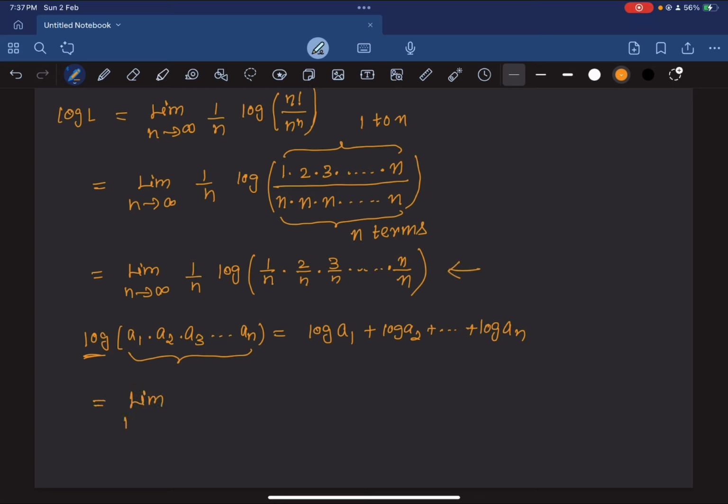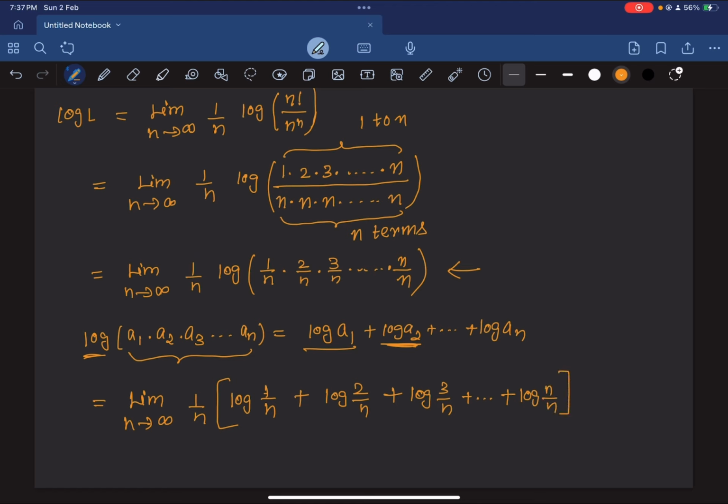All right, so this can be written as limit n tends to infinity, 1 upon n log of 1 by n, plus log 2 by n, this is log a2, plus log 3 by n plus and so on, log n by n.